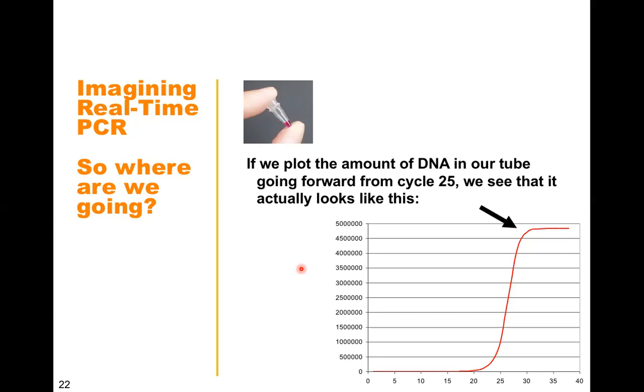Each and every sample has a different starting amount. In case of cut margin, say the CT value is around 28, in case of cancer, the CT value is 25, and in case of treatment, the CT value is 23.